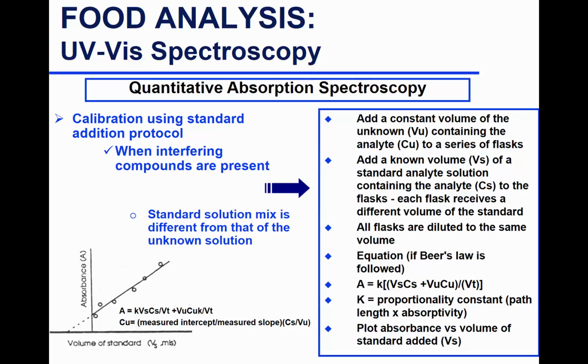You cannot generate a blank. You will not be able to have a reagent blank or a control that mimics everything in the sample. In this case, you do what we call the standard addition protocol. Your sample becomes part of your calibration curve.